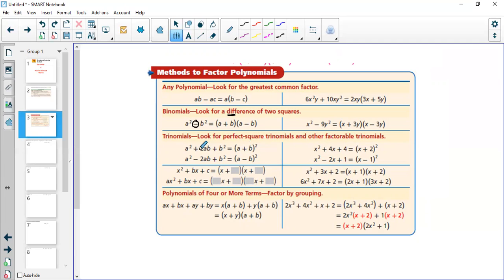Always remember, when you're working with trinomials, if both of them are positive, your answer needs to be in the (a plus b) whole square form. If you're using one negative and one positive, your answer needs to be in the (a minus b) whole square form. This is how it would look if you factorize this too. Then again, this method of factorization is how you used to do it in the lesson.